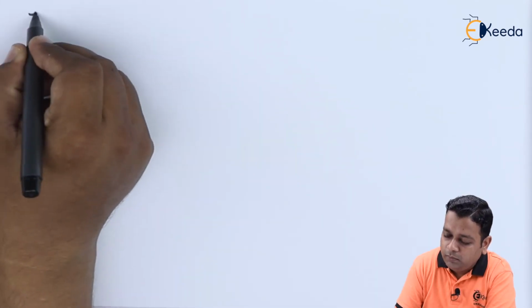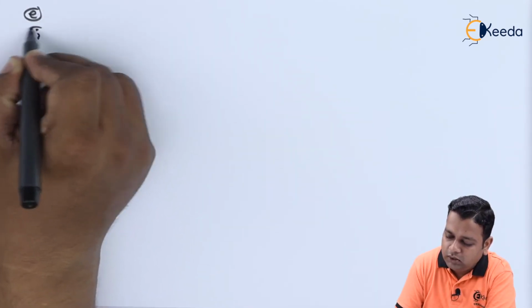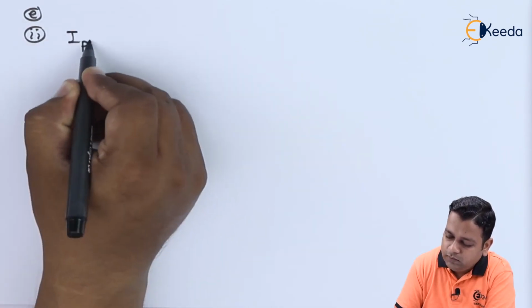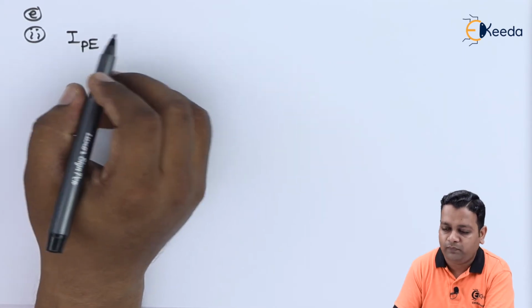Next to that, we shall be determining in the same emitter region the current because of another type of charge carrier, that is nothing but the holes here. So in part E, we have the second type of current denoted as capital I suffix P capital E here.